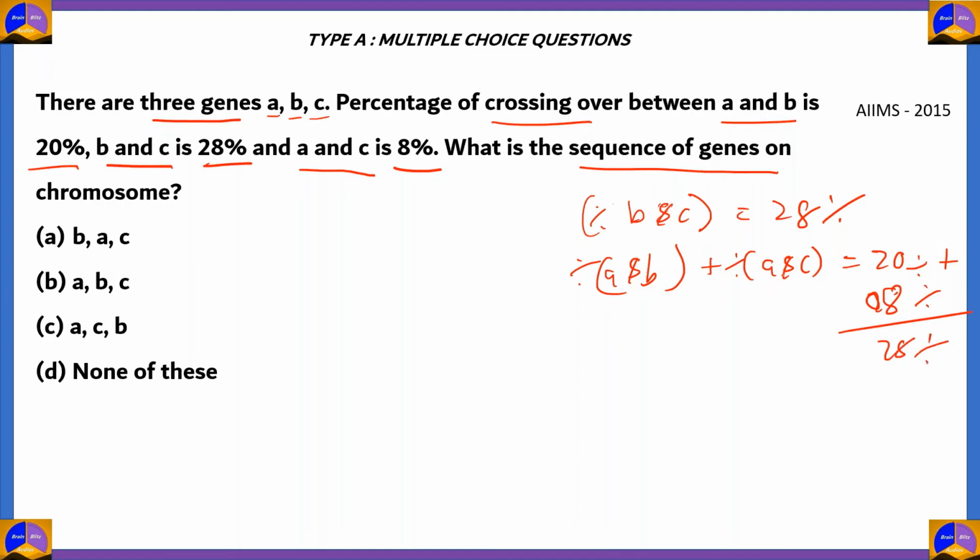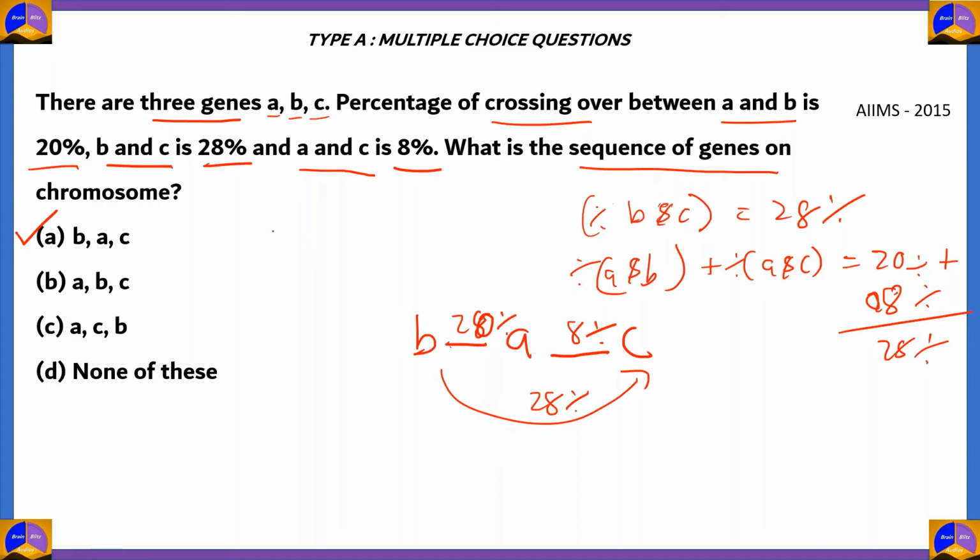So the sum of the percentage of crossing over between A and B and A and C will give you the value of the percentage of crossing over of B and C. So basically, if B is crossed over with A, which gives you 20%, and A is crossed over with C, that gives you 8%, then the total crossing over would be 28%. And that's why option A, BAC, is the right answer.